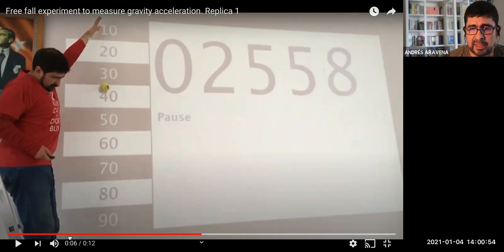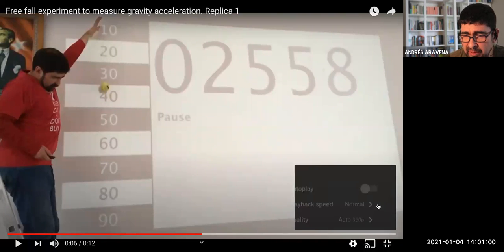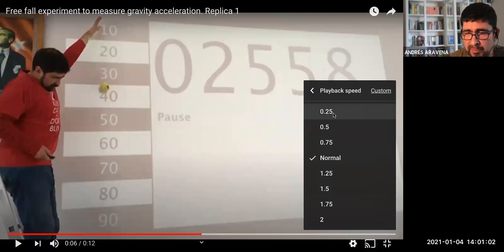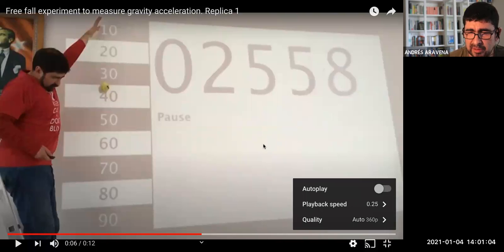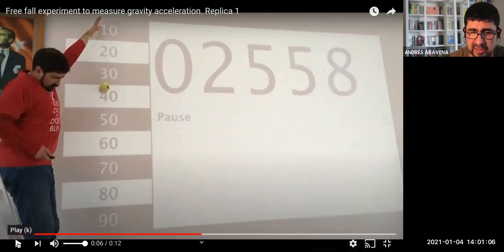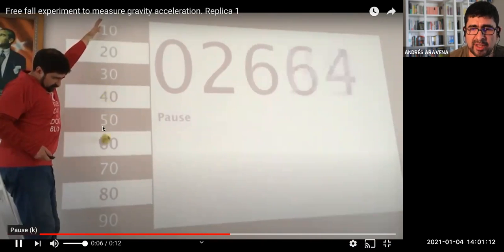And in YouTube, you even have an option like playback speed, and you can go even slower. So you can really go very slow motion, and essentially I wrote what was the second, the millisecond, that it crossed every line.